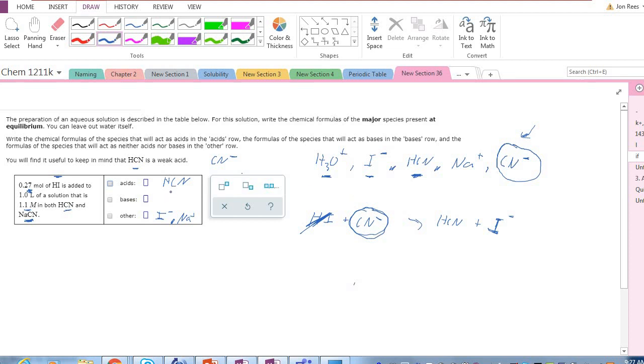Because it was in there at a higher concentration than the HI, so I have some CN minus. So I have HCN, CN minus, I minus, Na plus. All of the H3O plus, all of the acid is gone because it's reacting with this weak base that I put in there. Okay, so that's how I would tackle that one.